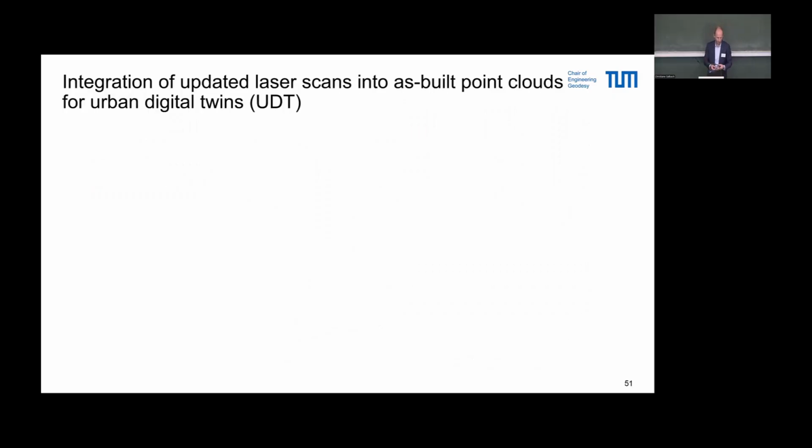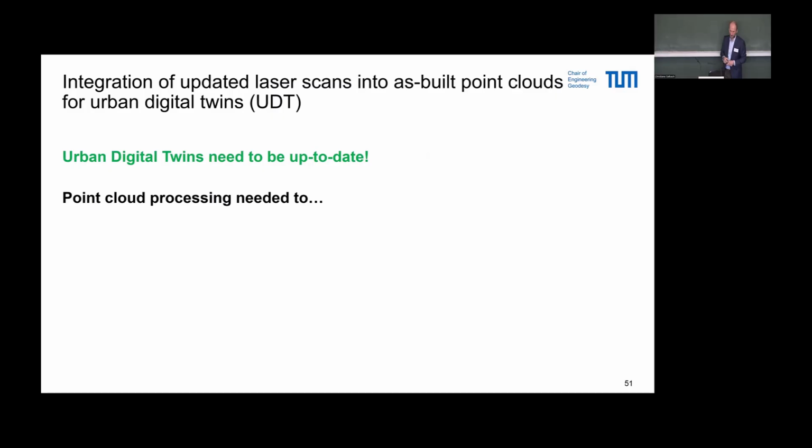So, in the end, I wanted to talk about integration of updated laser scans into as-built point clouds for urban digital twins. And the first statement was, okay, we need to have up-to-date urban digital twins. So we need to do rescanning, and this rescanning needs to be integrated into the information. And to be able to do this, we need point cloud processing, not only point cloud mapping, so measuring, but also processing the data.